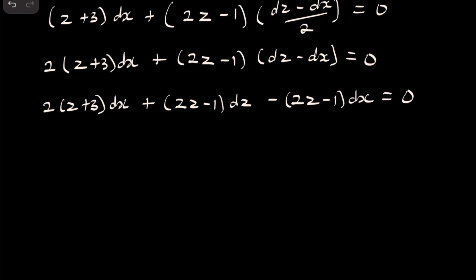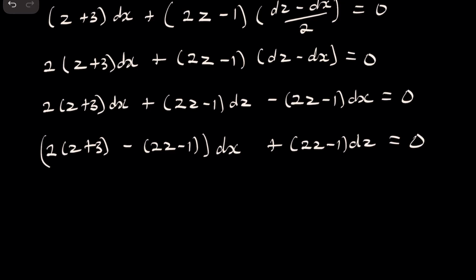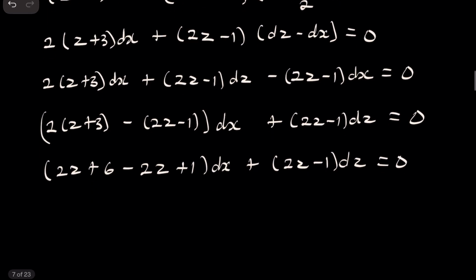We now group like terms, that's terms with dx and terms with dz, and so we're going to have (2z plus 3 minus 2z minus 1) dx plus (2z minus 1) dz is equal to 0.